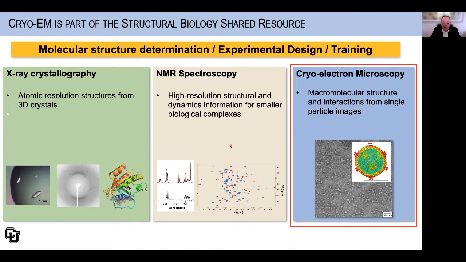NMR spectroscopy is great at providing very high resolution information and dynamic information about generally smaller complexes. CryoEM complements these two techniques by really covering a wide range of specimens and being able to generate information about conformation and dynamics of macromolecules starting from very small amounts of material.